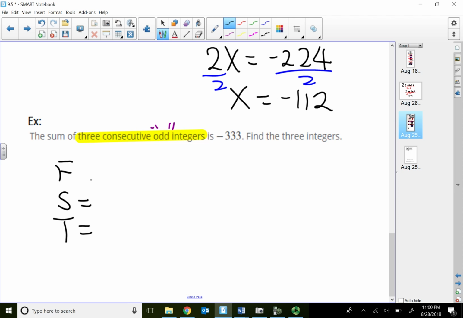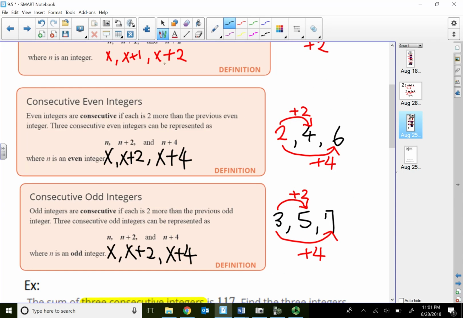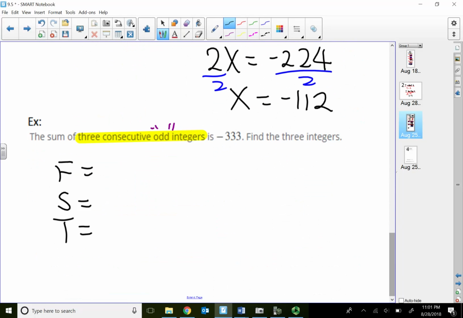When it does not say even or odd, that means it's the regular consecutive integer, where the setup is x, x plus 1, x plus 2. Even and odd is always x as the first, x plus 2 as the second, x plus 4 as the third.